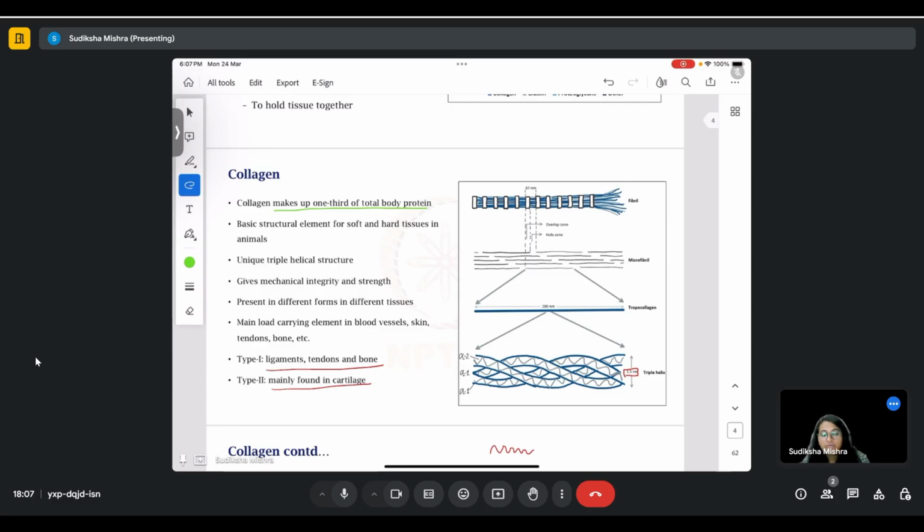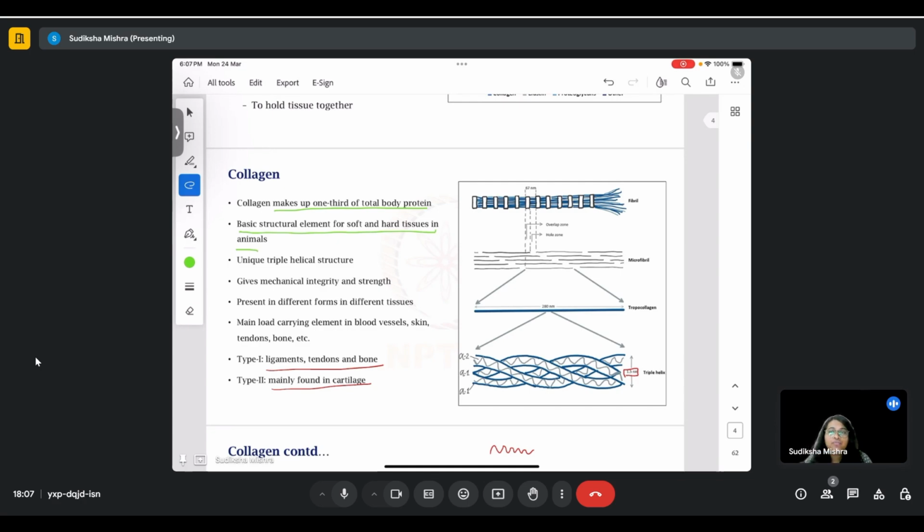Genetically, if you look at the molecular biology of it, there is not one collagen molecule, there are multiple collagen types, and each of these collagen types are encoded by various genes. Just an extra thought. So these are the basic structural element for soft and hard tissues in animals.